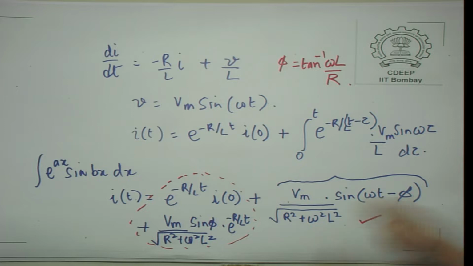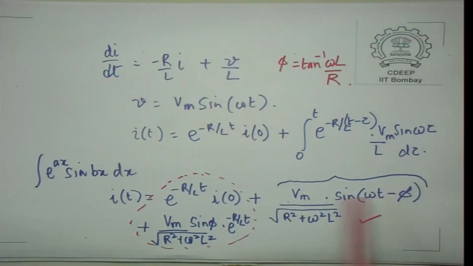One of the points which you should take into account is that although we have used a formula to obtain the natural response and the steady state response components of the current response, you will notice that if you evaluate this expression at time t equal to 0, you will simply get a consistent solution, that is I of 0 is equal to I of 0.